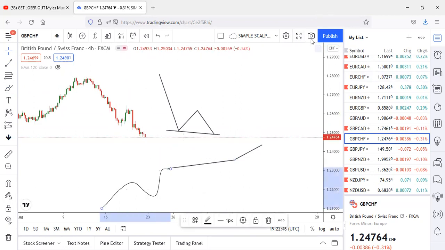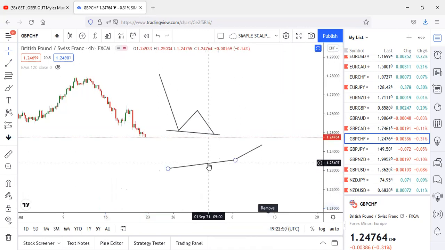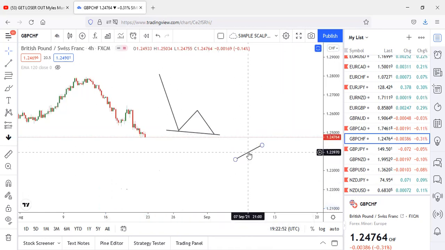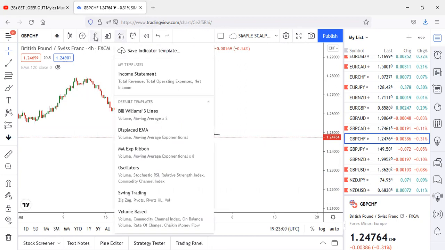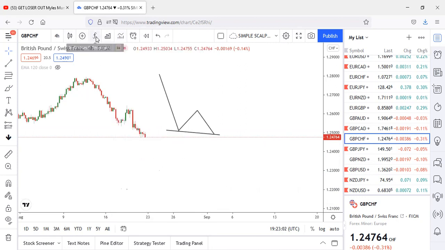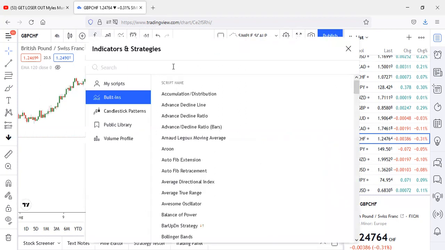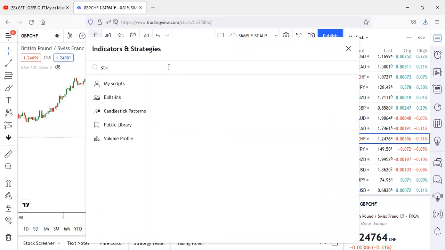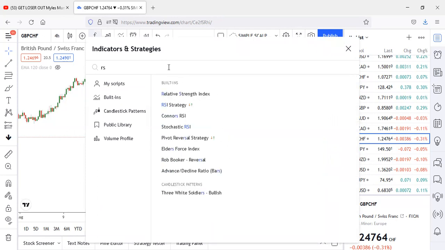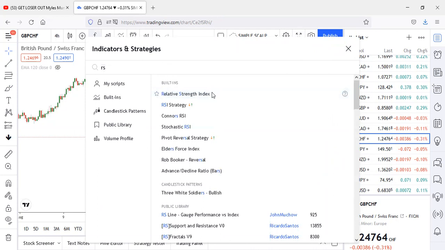So let me quickly bring out stochastic or RSI so that we can spot this. Okay, let's make use of RSI.